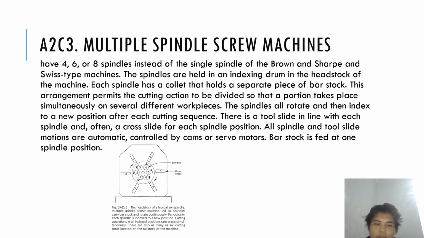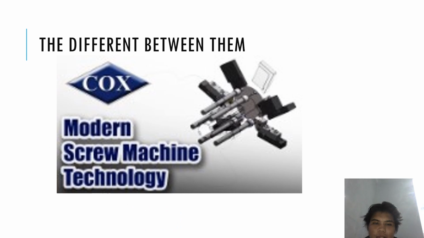This arrangement permits the cutting action to be divided so that the portion takes place simultaneously on several different workpieces. So it has different bars in the spindles, of course, and this is what it looks like from the view. This is the machine, this is the view. Yes, the previous video you can see.